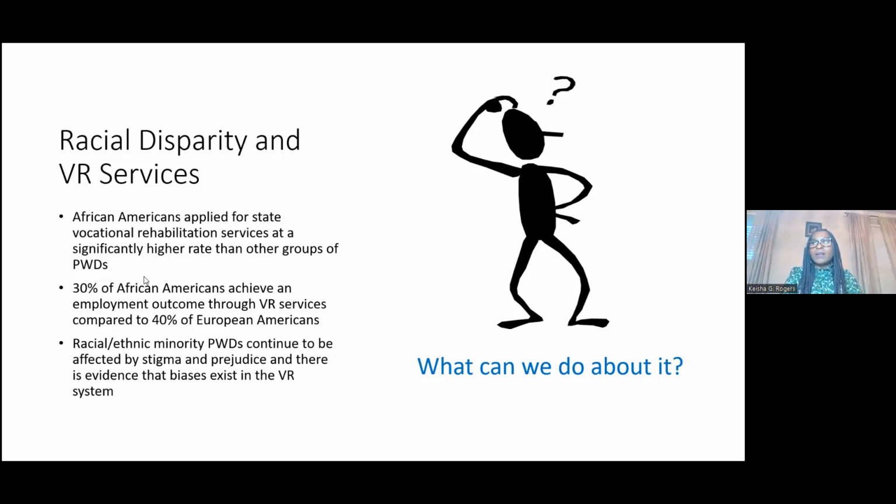And we recognize that there are a variety of factors that could exist as it relates to the people being admitted to services or not being accepted for services. But the research shows us that there is something there as it relates to racial disparity.